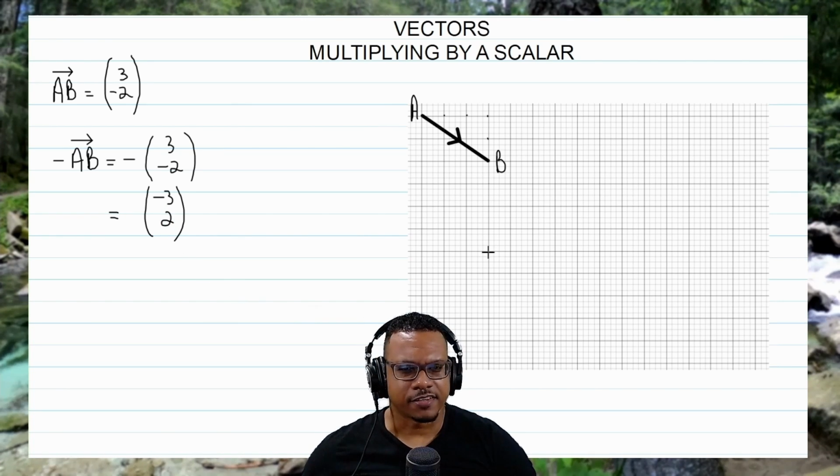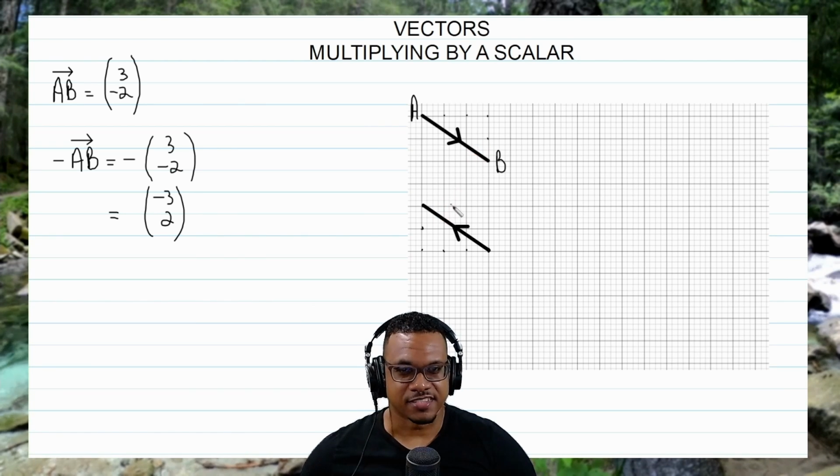So I'll let the tail of the vector be at this point, and then I'm going 3 units to the left. So that's 1, 2, 3, and then 2 units upwards. So that's 1, 2. Now we can see that this vector has the same length as the vector AB, and also that these two vectors are parallel.